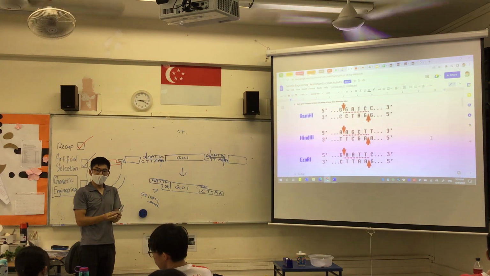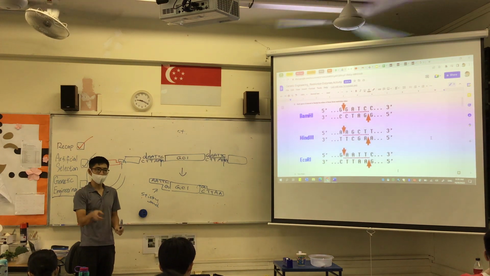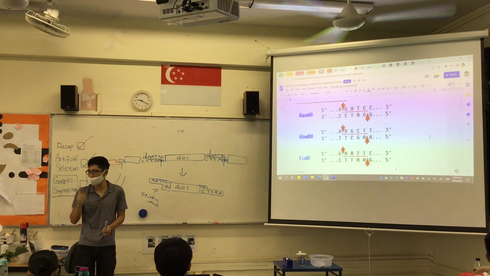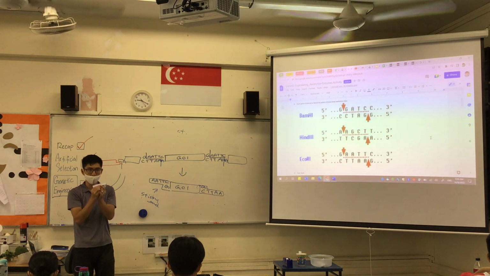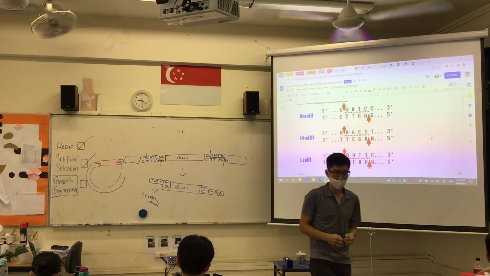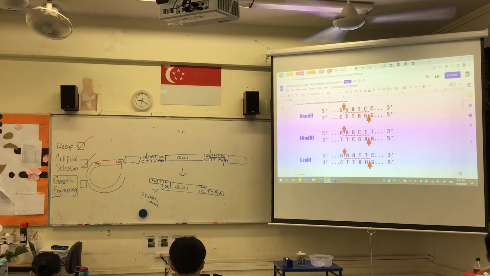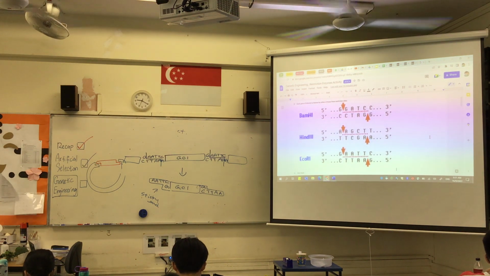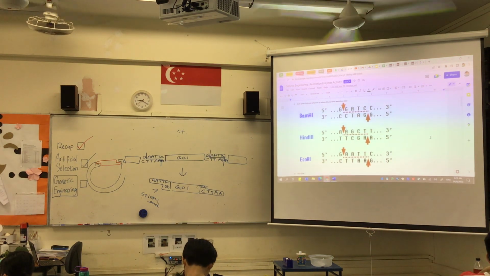After that, I would like you to search your classmate's plasmid to find where you can create one more sticky end so that you can insert your gene of interest in. You know where to cut. Also, cut down vertically, horizontally, vertically.